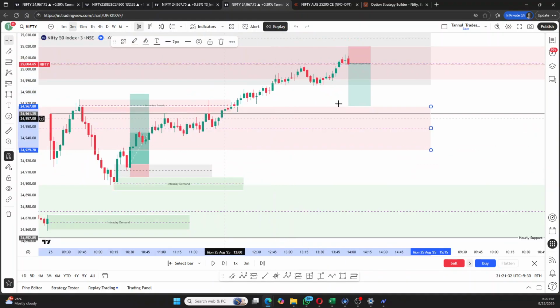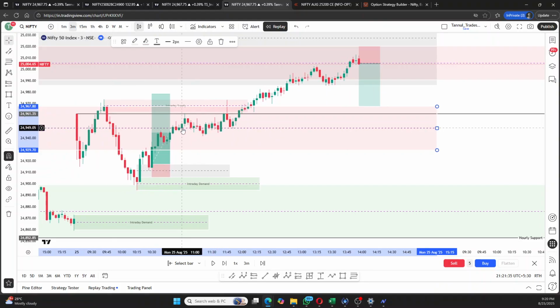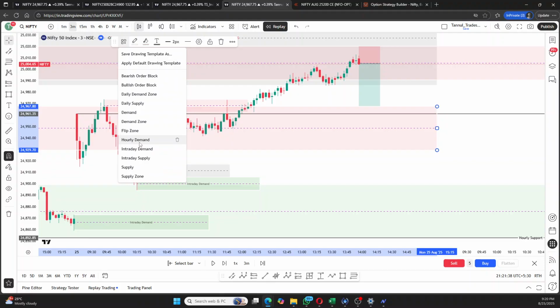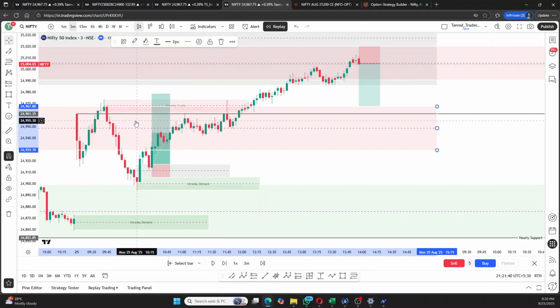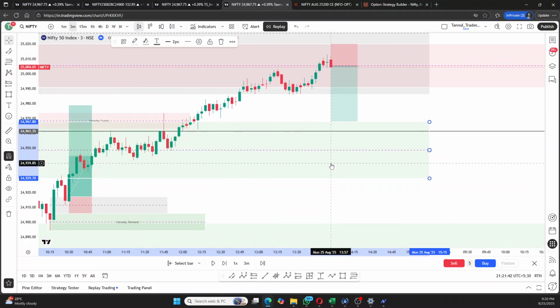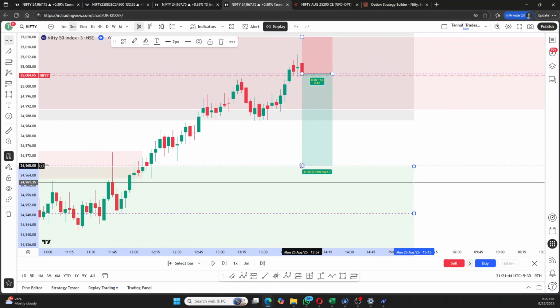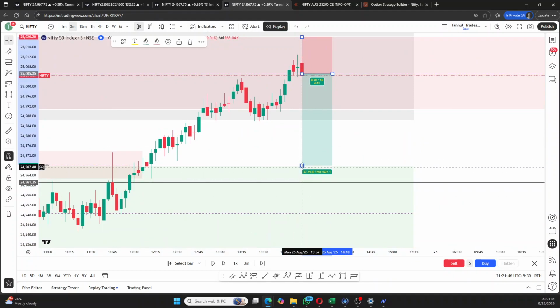Now, can we expect this so-called supply zone to act as a demand zone? Yes, it should act as a demand zone. So we should at least expect the price to reach the median of this demand zone. That is what our target is.